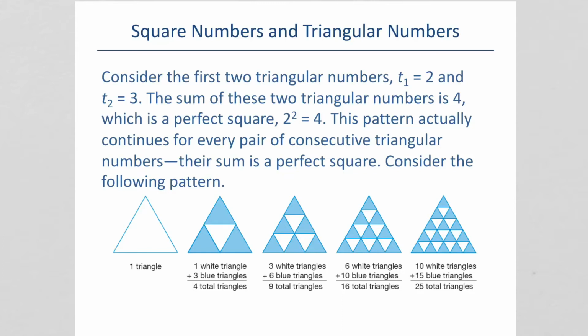Look at these triangles. This is also Pascal's triangle. Consider the first two triangular numbers, 1 and 3. The sum of the two triangular numbers is 4, which is a perfect square. This pattern actually continues for every pair of consecutive triangular numbers. Their sum is a perfect square. So if you've got this first picture where you've just got one triangle, it's 1. Okay.